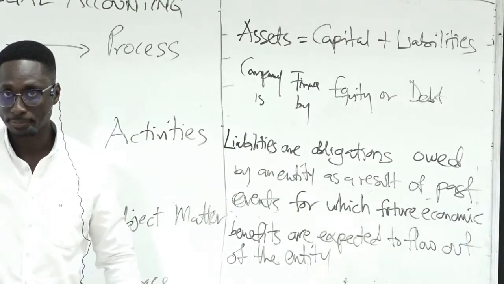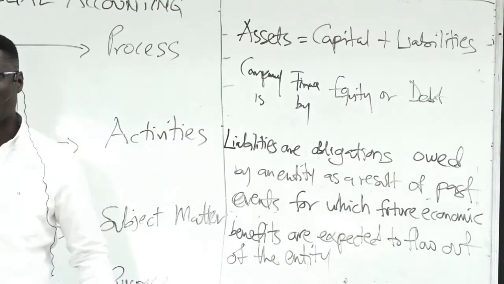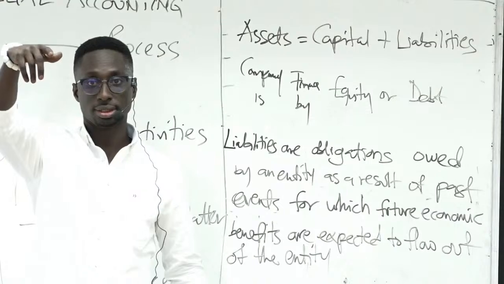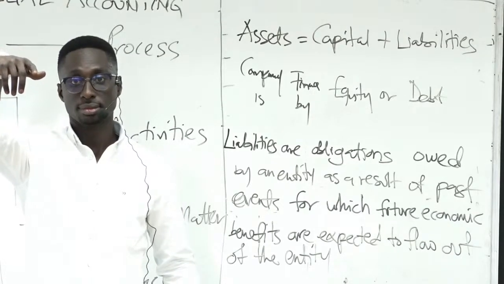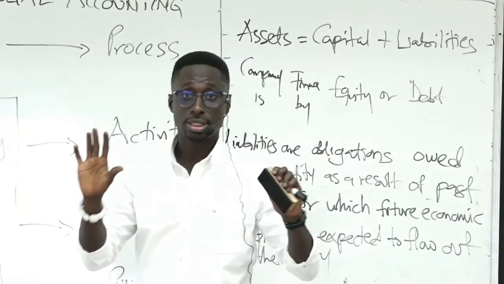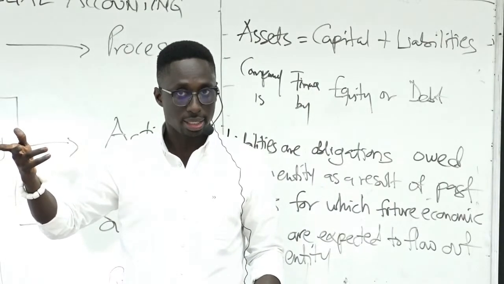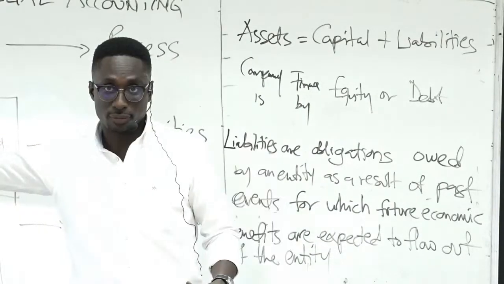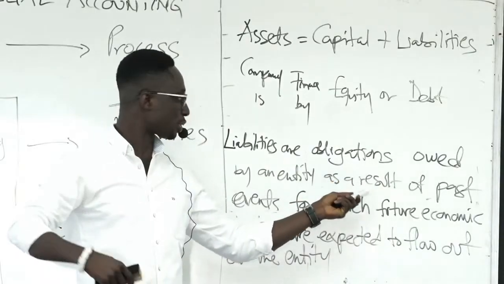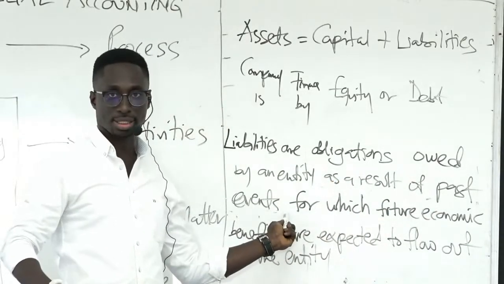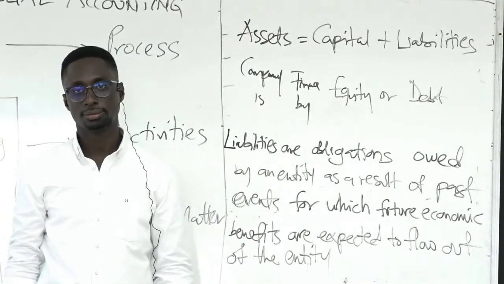This space creates an obligation to their supplier. Liabilities. Good. So this is the thing about a transaction you had entered into with them. It will be flowing out of the entity as a result of a transaction we entered into, which is the past event of the entity.